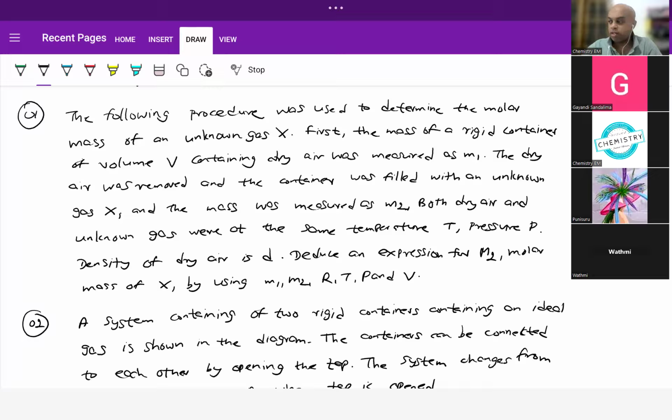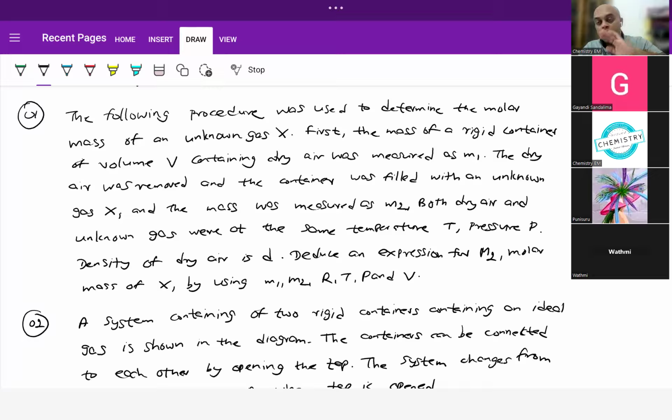You can't measure the mass of a gas alone. You measure the mass of the container together with the mass of the gas. So that is M1, not only the mass of the gas. Then the dry air was removed, and the container was filled with an unknown gas X, and the mass was measured as M2.